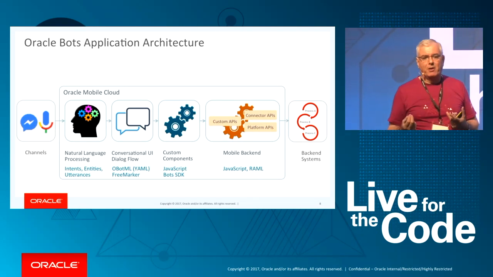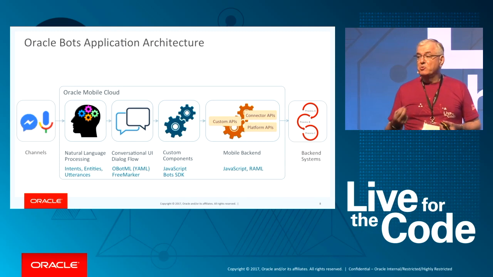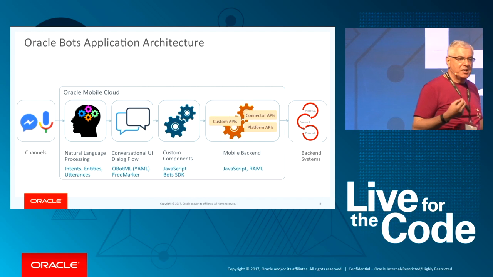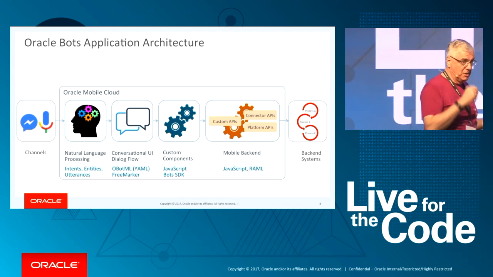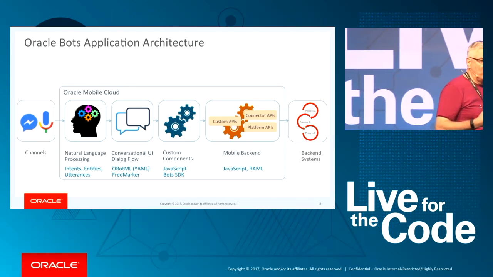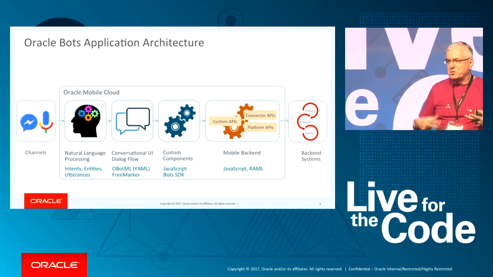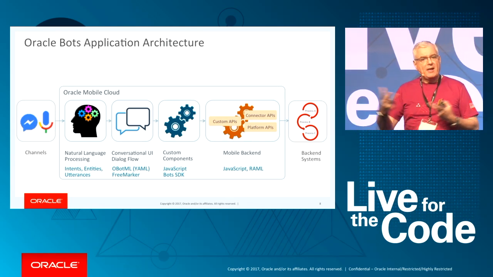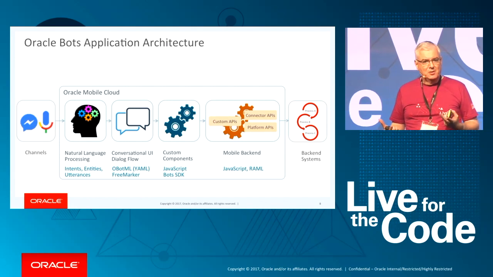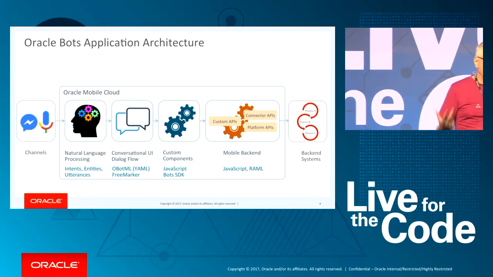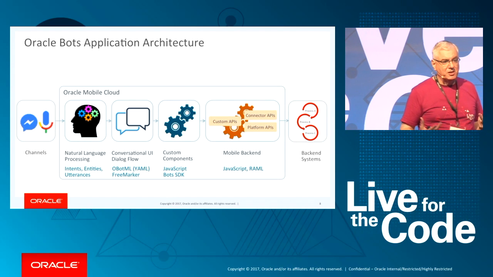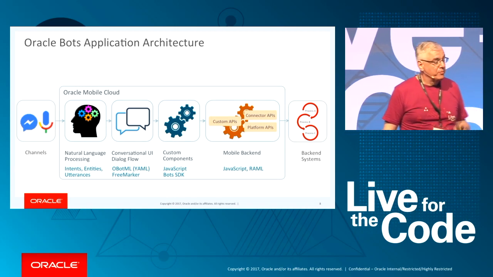The chat client is effectively a universal client. It shouldn't be, I write a chat for Facebook, or I write a chat for WeChat, or I write a chat for Kik. I just want a chat, and whatever tool someone's using, whether it be a chat tool or a Siri or Alexa, it should just work.